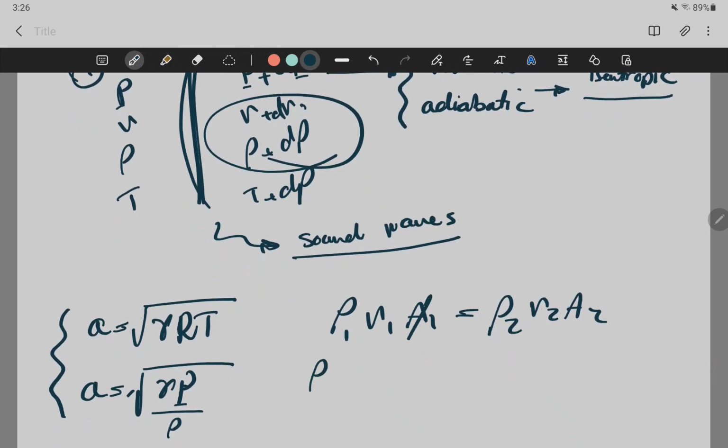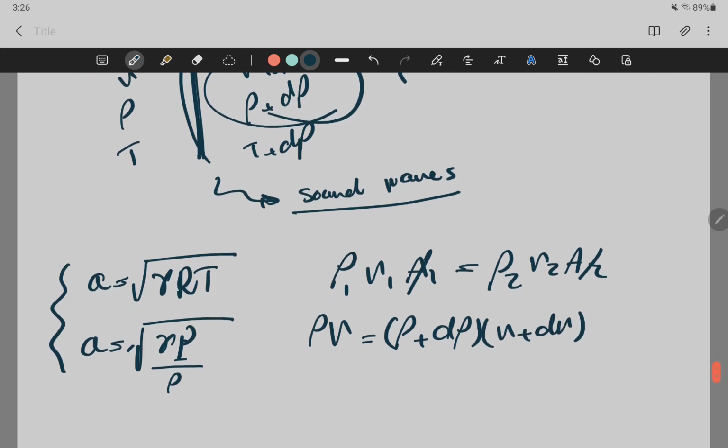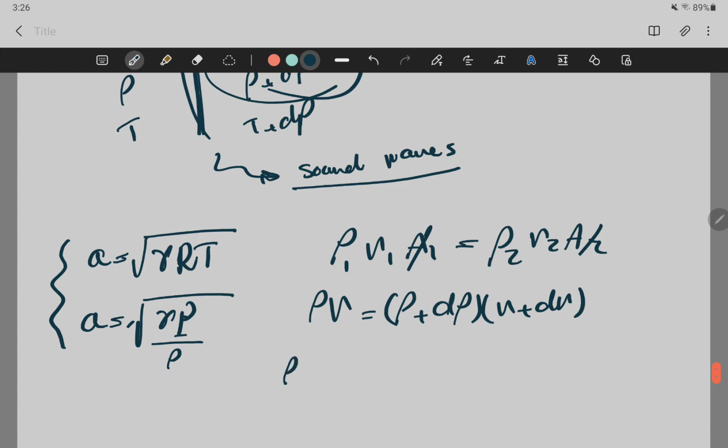So rho V, these A's actually cancel out. We're gonna have rho V, then rho plus d rho, V plus dV, right? And if a lot of things cancel each other out, we're gonna have rho V equals rho V plus V d rho plus rho dV, I'm sorry.